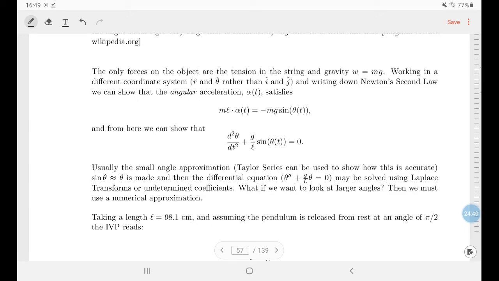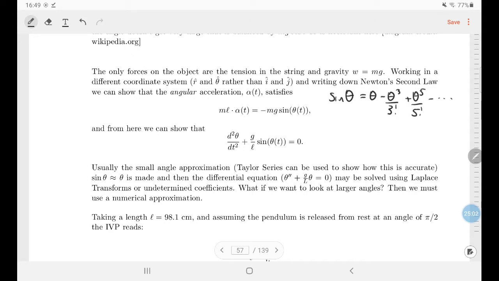Usually the small angle approximation is made. You can talk about the Taylor series to see how this is accurate. Sine of theta is equal to theta minus theta cubed over 3 factorial plus theta to the 5 over 5 factorial minus dot dot dot.